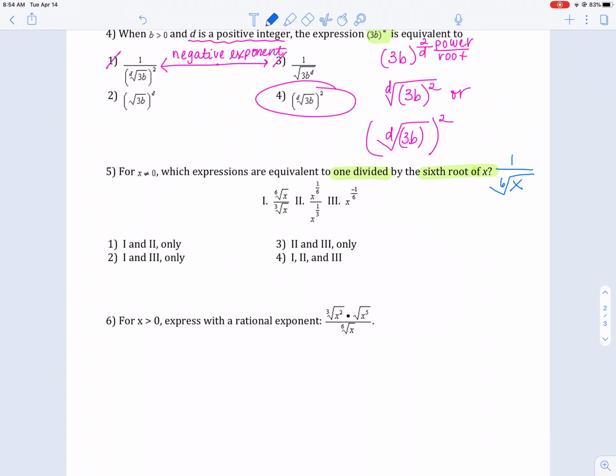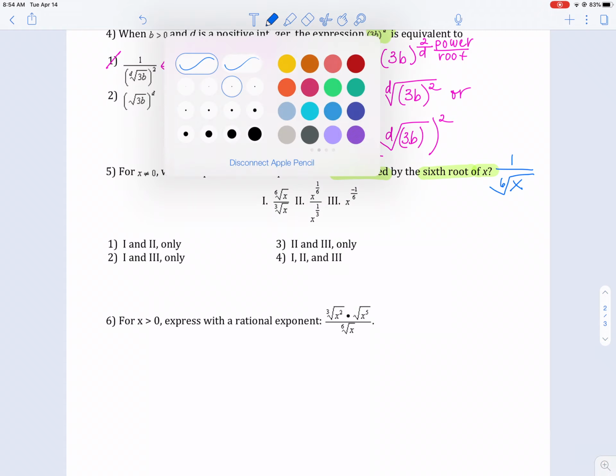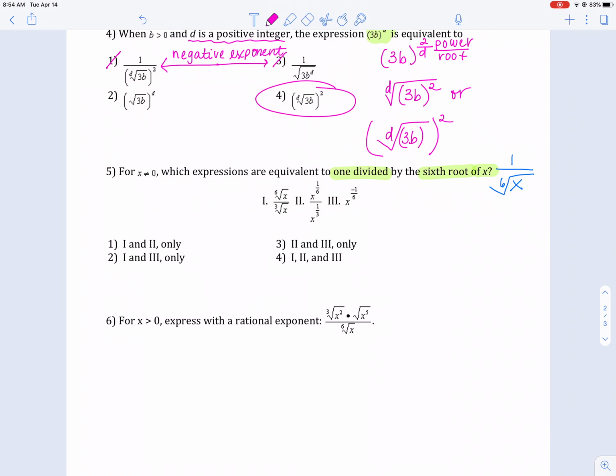Okay, so I'm going to start out with the first one. I guess I'll use my pink. Okay, and I'm going to do choice 1. So look at choice 1. It's the 6th root of x divided by the cubed root of x. Okay, and for me to simplify this, you know what I'm going to do? I'm going to turn them back into rational exponents.